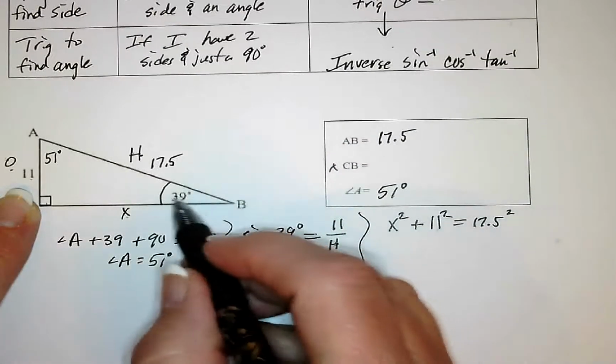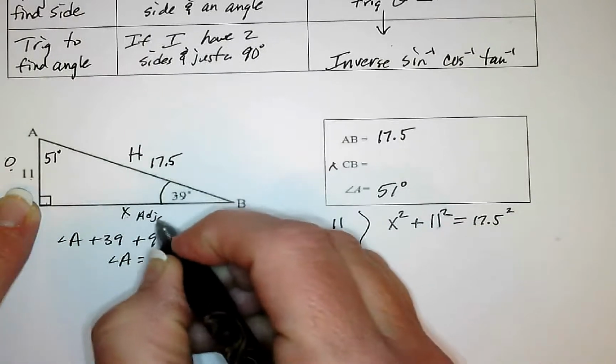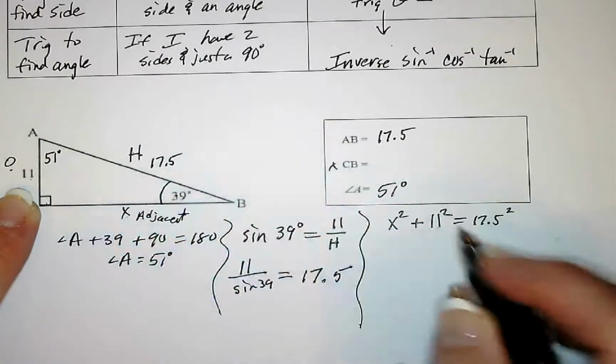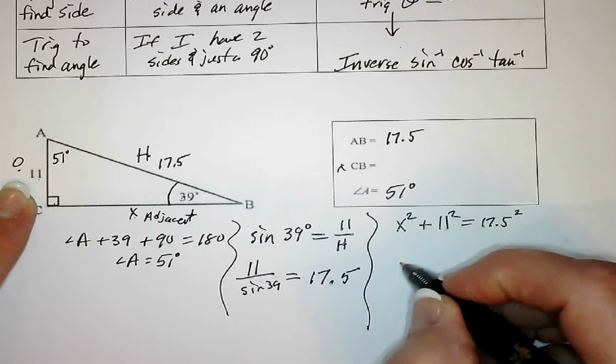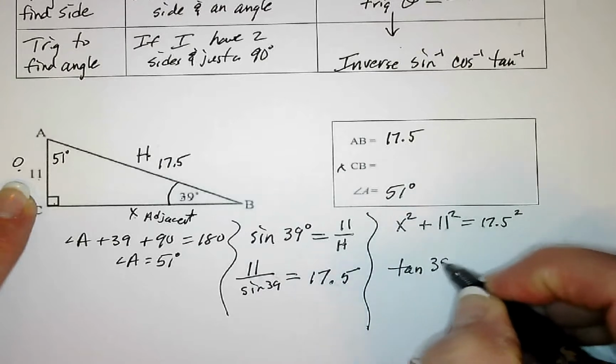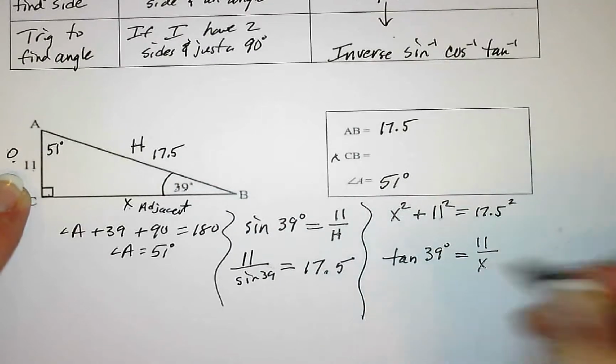Or I could use my trig again. With this angle right here, this is the adjacent side. Let me write that so we don't get that confused. The adjacent side, and the opposite is tan. So I could say tan of my angle, 39, equals the opposite over the adjacent.